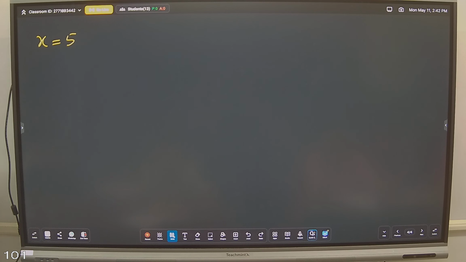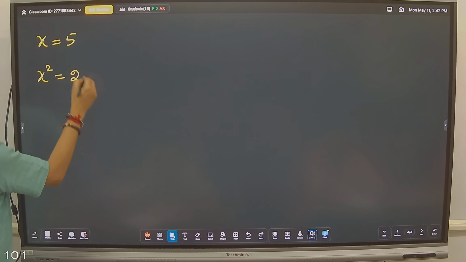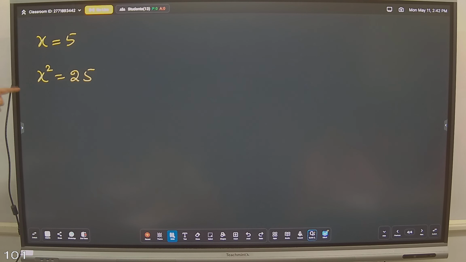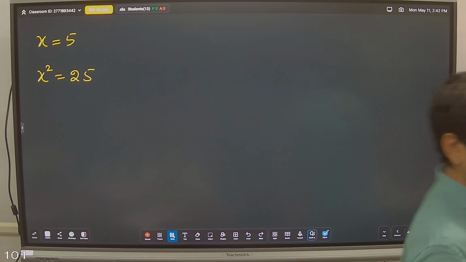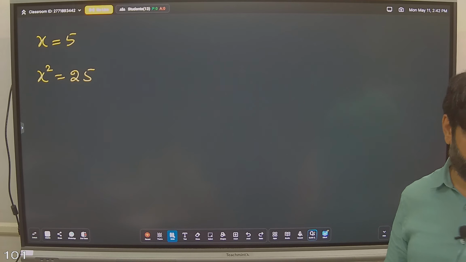Is it a linear equation or quadratic? Square both sides. Linear or quadratic? Are these two statements same or different? Speak out. Is anybody saying it's the same? It's impossible. This is the quadratic equation and this is linear. That means if you square both sides of any linear equation, that linear equation will convert into quadratic.